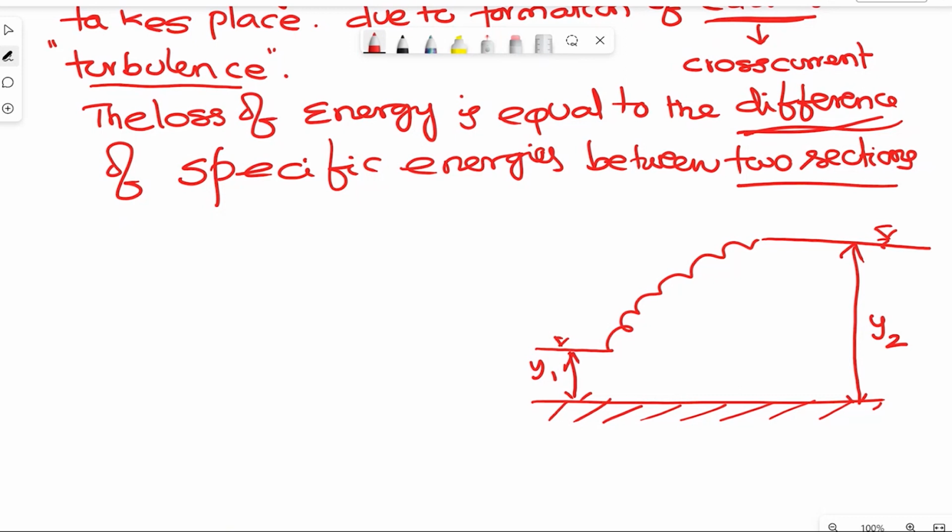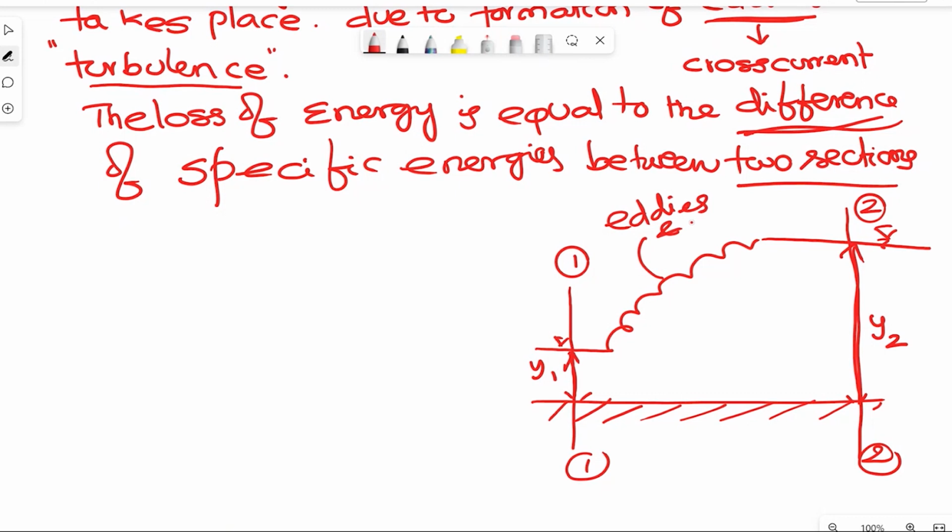If I call this section 1-1 and this section 2-2, we calculate the specific energy at section 1, the specific energy at section 2, and the difference of these is the loss of energy.